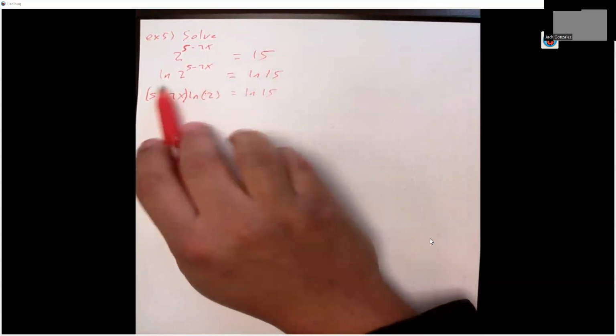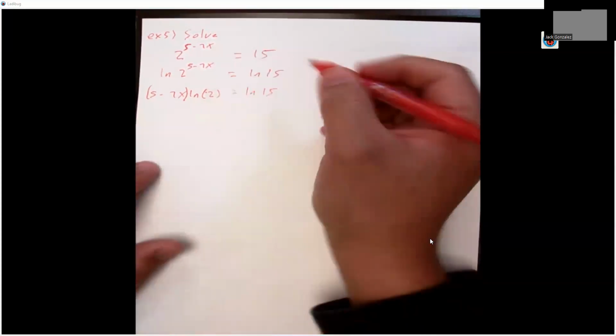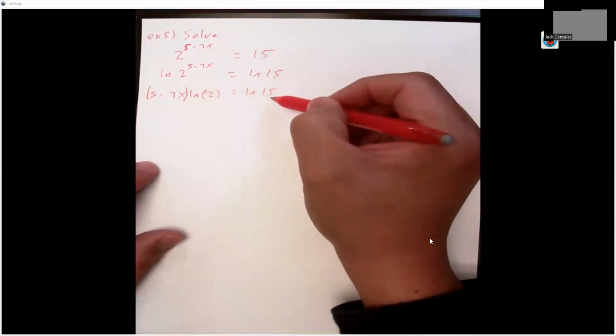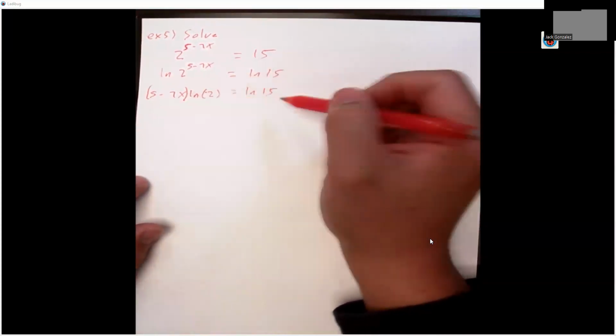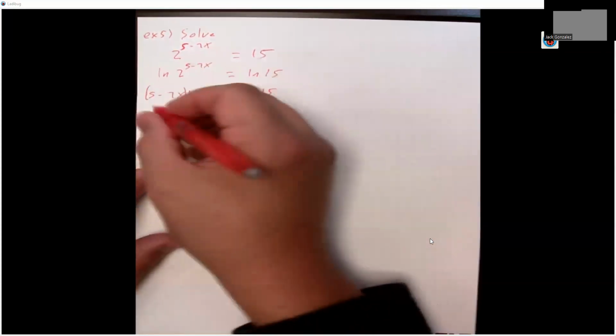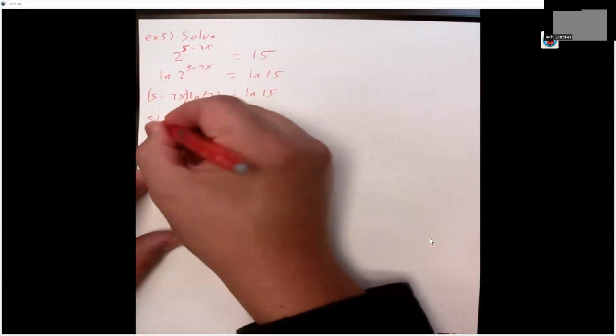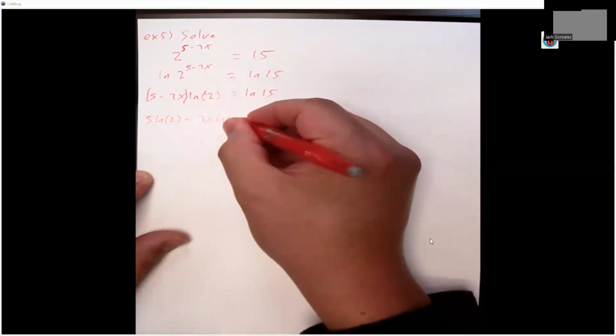So distribute ln2 to both of these. You could technically divide the ln2 here and make it a little easier, but later it'll be more complicated and it's not going to be easier. So might as well just do it the long way. So I'm going to distribute the 5 on the ln2 and the 7x on the ln2.